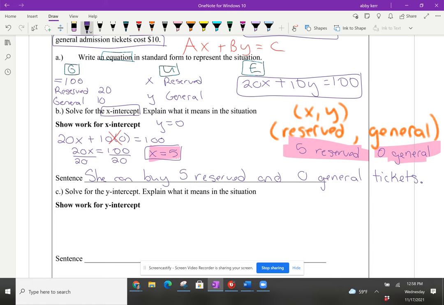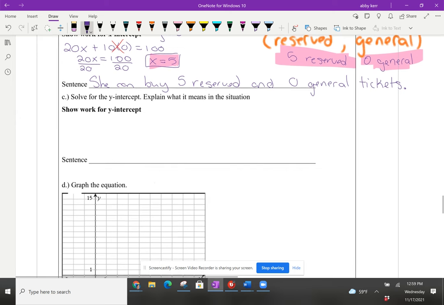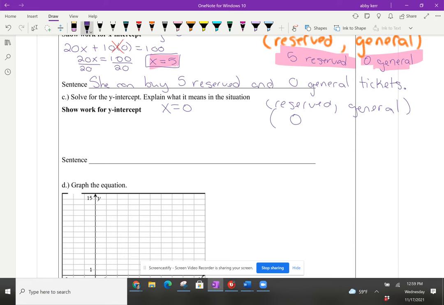Now another combination that she can do: she can get the y-intercept. When she's at Ticketmaster or wherever she's buying her tickets, the y-intercept now has meaning. So for the y-intercept, x equals 0. Here's another combination. Remember, it's reserved tickets and then general tickets. Now she's trying to find the combination. If she bought 0 reserved, how many can she afford for the general seats? So let's try it out.